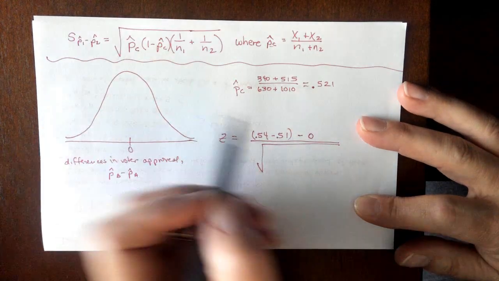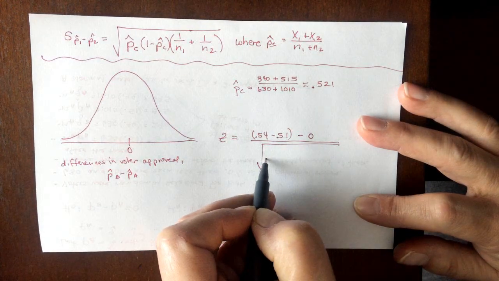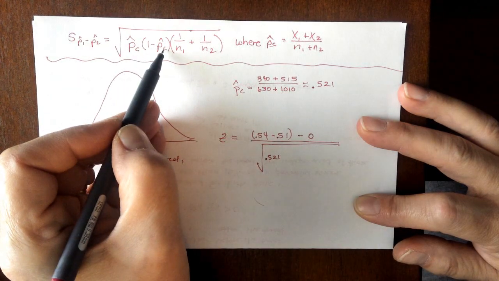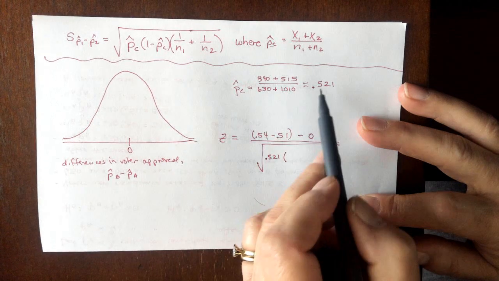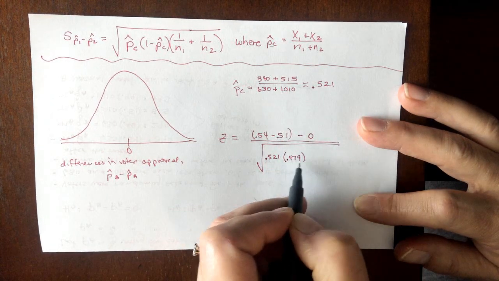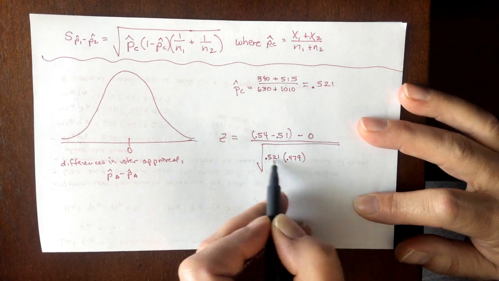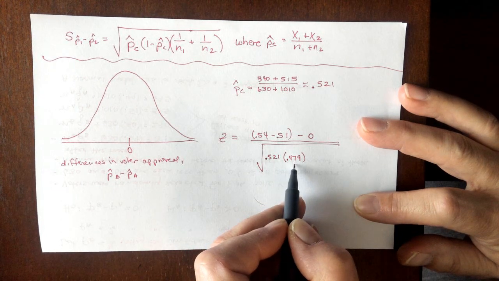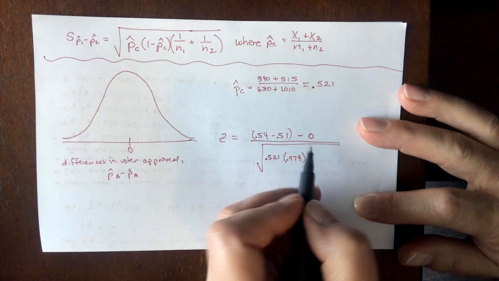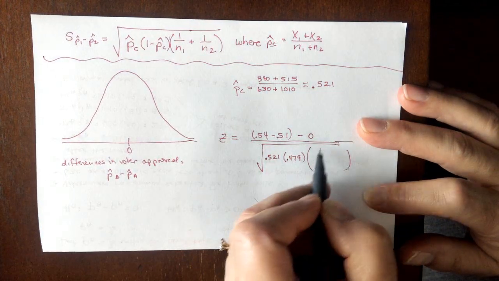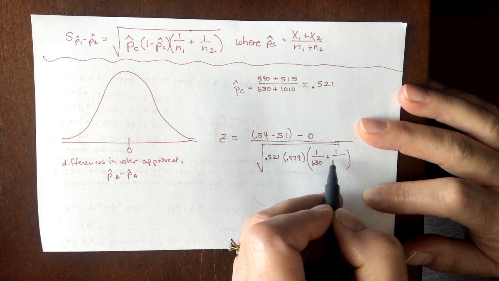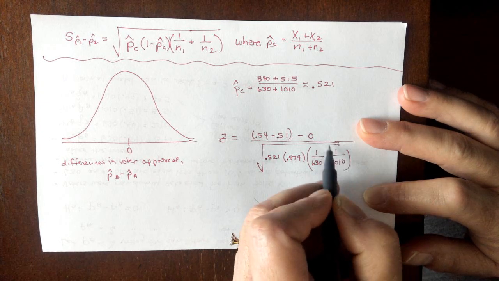So p hat combined 0.521 times 1 minus p hat combined. So 1 minus 0.521 is 0.479, so that's q hat. These two should add up to 100%. Times, in parentheses, 1 over sample size of the first group plus 1 over sample size of the second group.